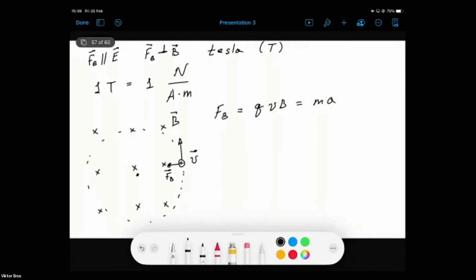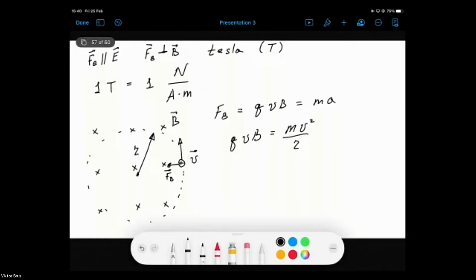Taking this into account, we can write that qvB is equal to the mass of the particle times speed to the second power divided by r, the radius. And this is the radius of the circular trajectory.